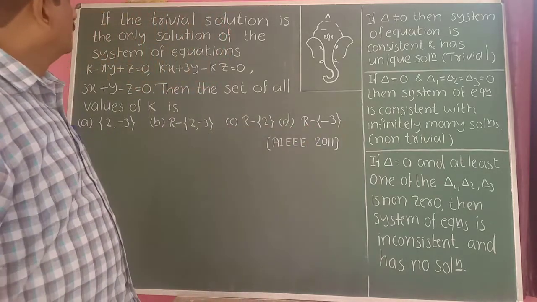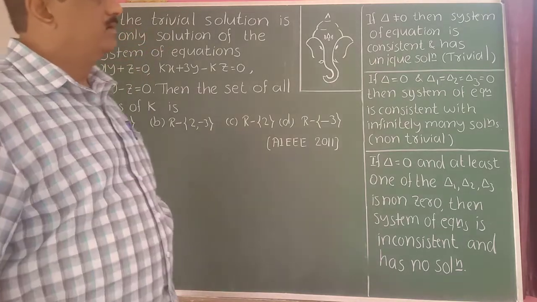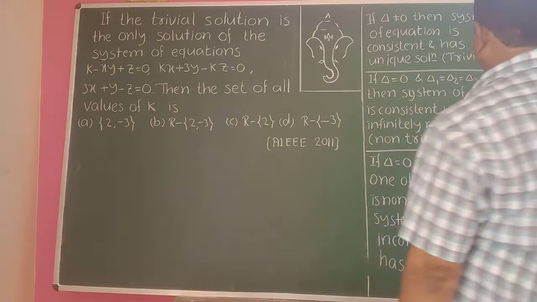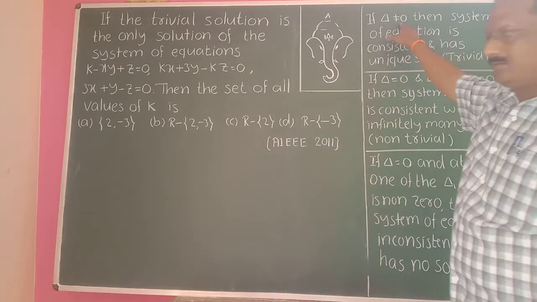Okay. So the system has only the trivial solution here. If the system has only the trivial solution, then obviously delta is not equal to 0.